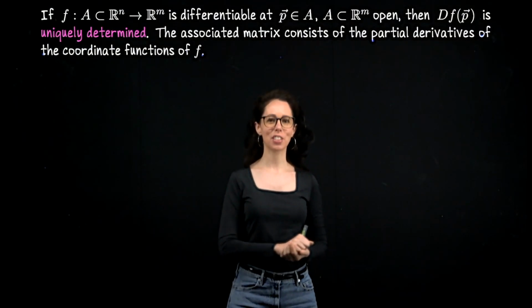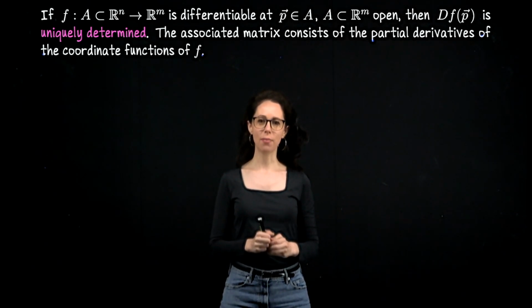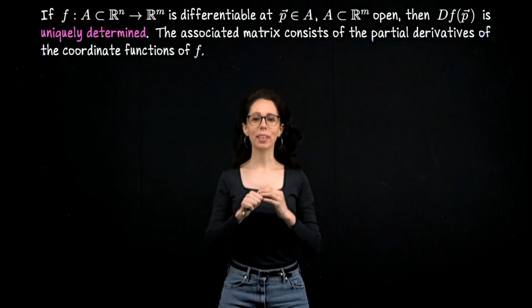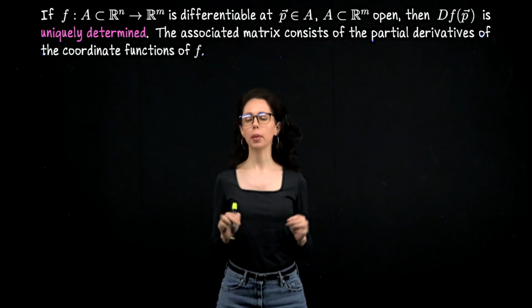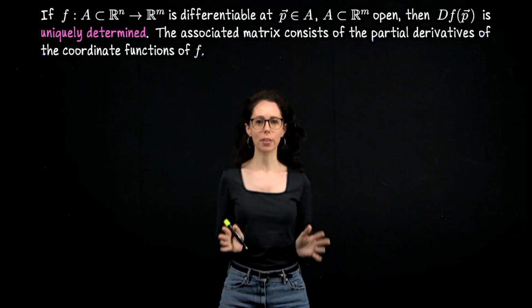Okay, I think this is a fun exercise. If we assume that f is differentiable at p, then that means that the limit we write down in our grand definition of differentiability is already known to exist and equal 0.